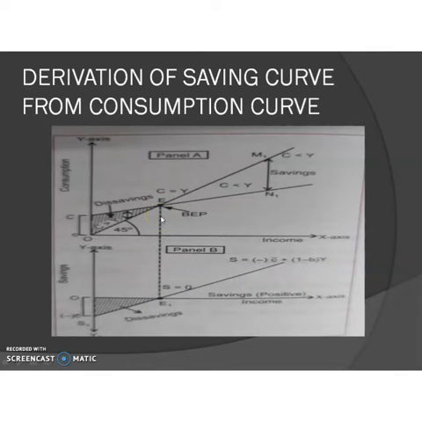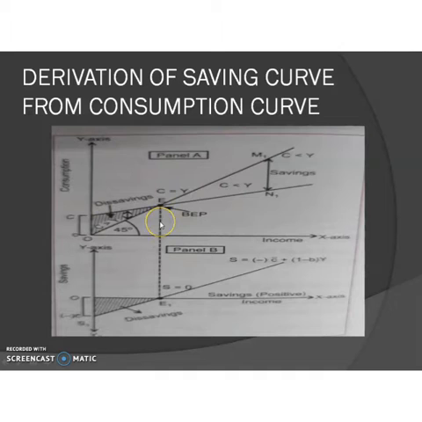And at this point the value of average propensity to consume will be 1, because at this point, the break-even point, consumption is equal to income.